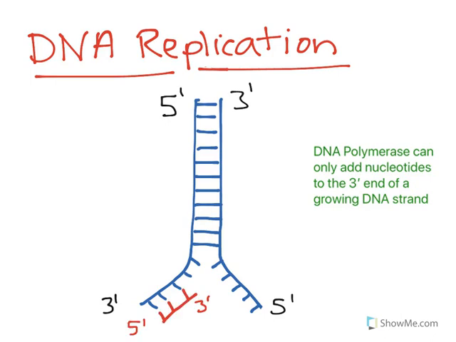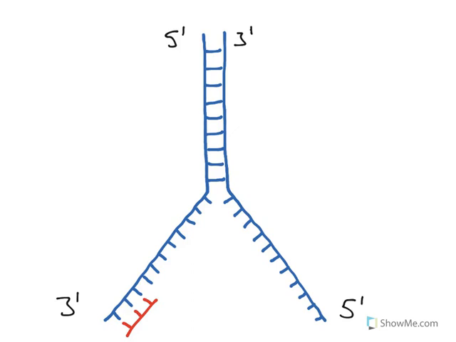So, when you see this replication fork initially opening up, a primer attaches firstly to the 3' end of the template strand, so the primer is running in the opposite direction from a 5' to 3' direction. As the replication fork opens up, DNA polymerase will come along and will begin replicating a DNA strand from that 3' end of the primer, like so, in that direction.